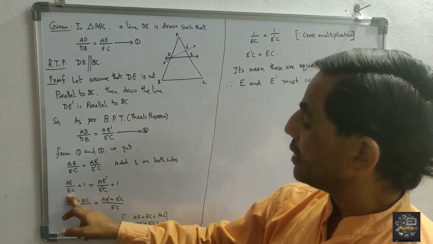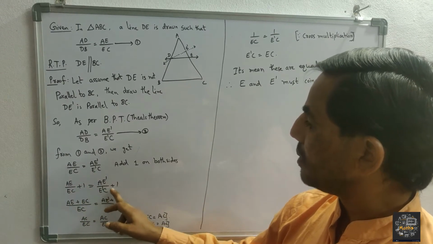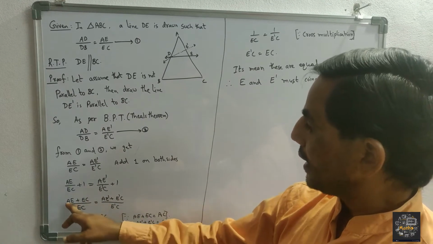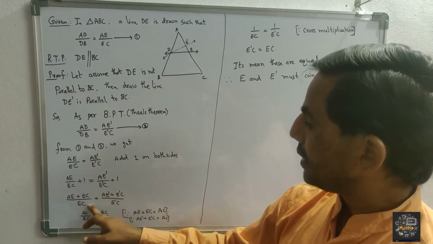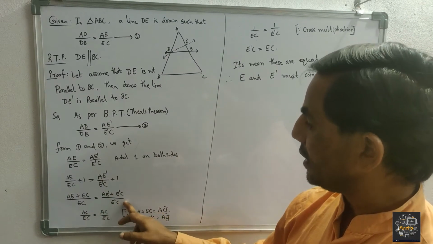So AE by EC plus 1 is equal to AE dash by E dash C plus 1. So we are taking the LCM: AE plus EC by EC is equal to AE dash plus E dash C by E dash C.